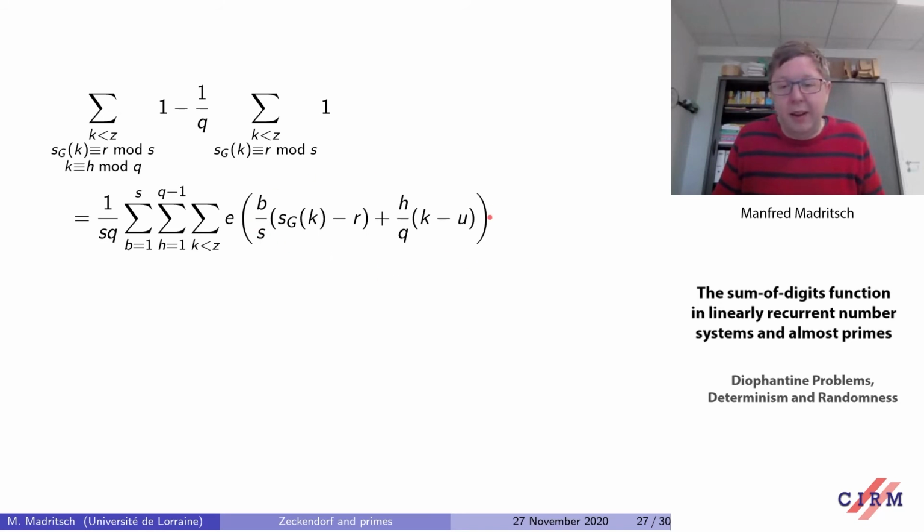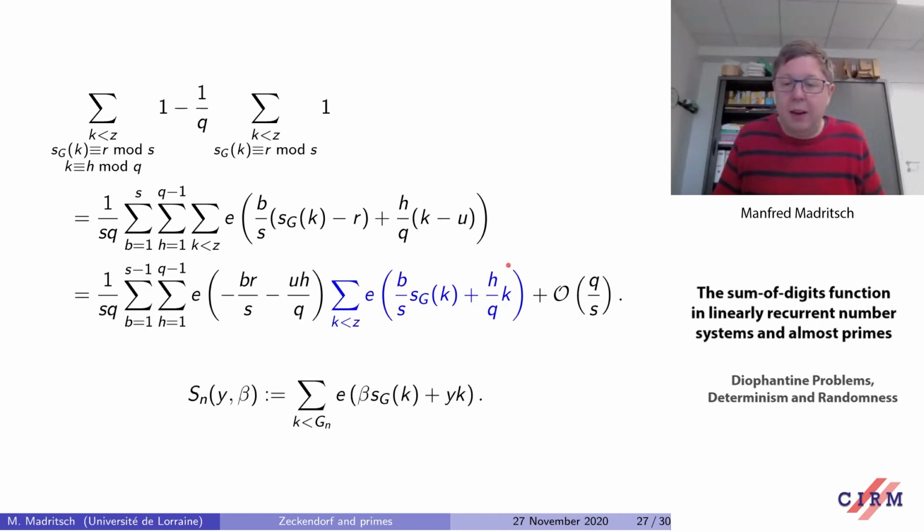And here you have this exponential sum, and now we rearrange the terms, and in fact we have to estimate this blue sum here, where you have the sum of digits function and the argument itself, and they are both in certain residue classes, so multiplied by rational numbers.